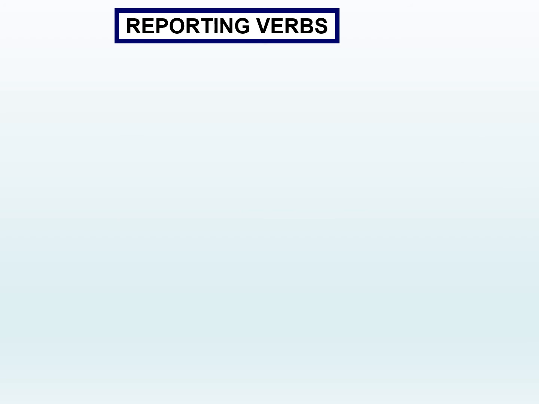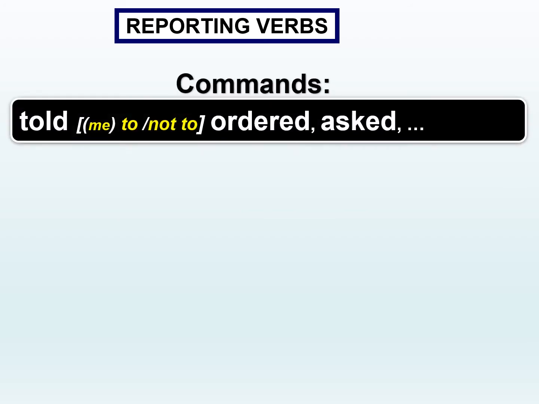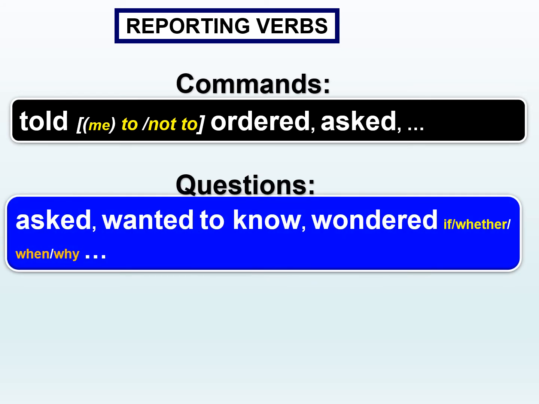And to report commands, for example, we use the reporting verb told. He or she told me to or not to, ordered me to, not to, asked me to or not to. To report questions, we use reporting verbs like asked, wanted to know, or wondered if, asked me if, asked me when, asked me why, etc.